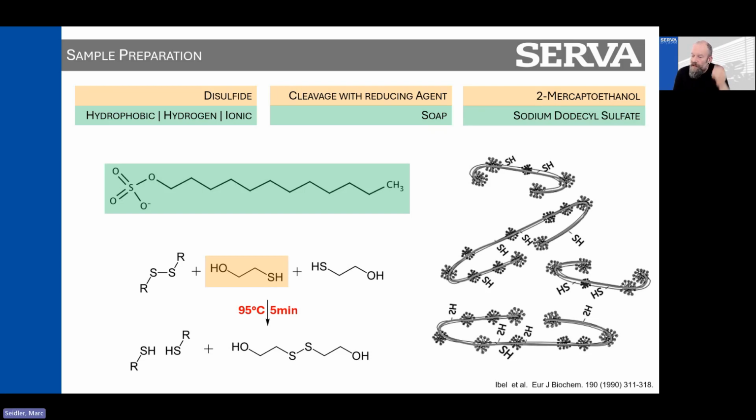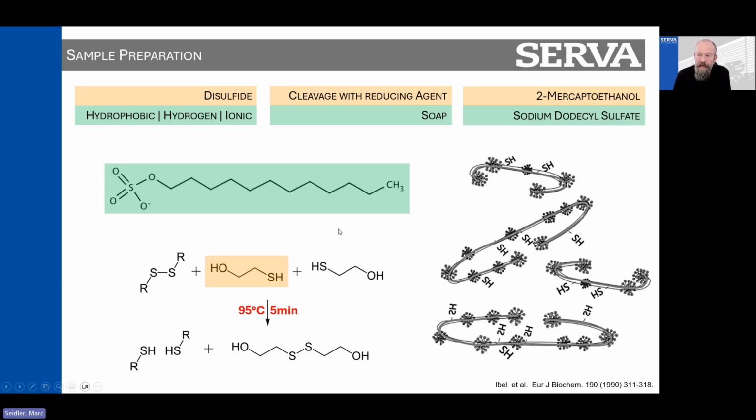Ibel et al. in the European Journal of Biochemistry checked what happens when you do this. So you have this mercaptoethanol and the SDS, and you cook it for 5 minutes. Then you have approximately that appearance.